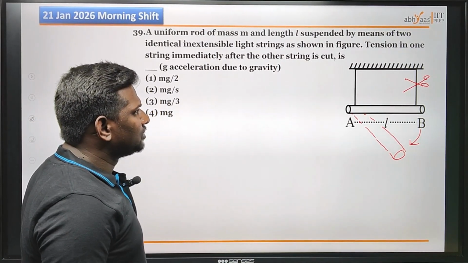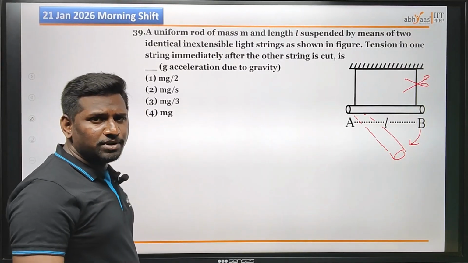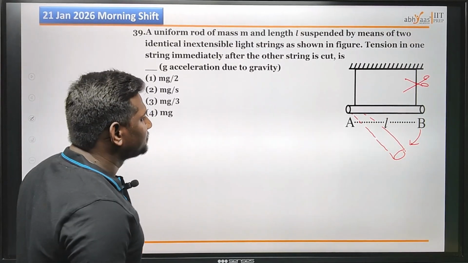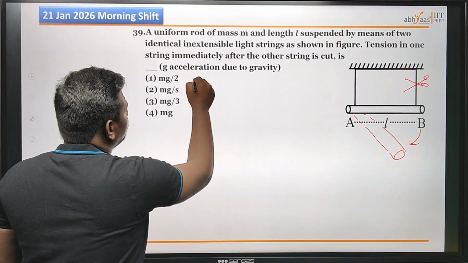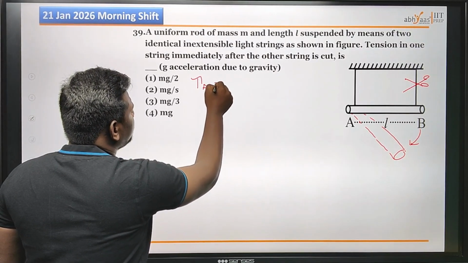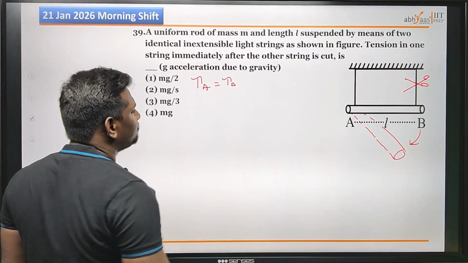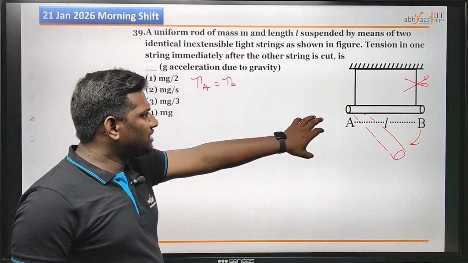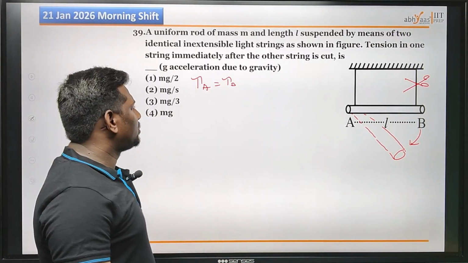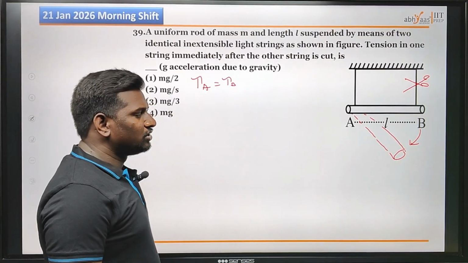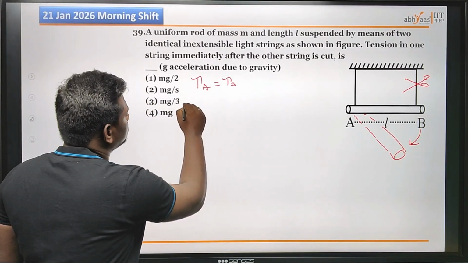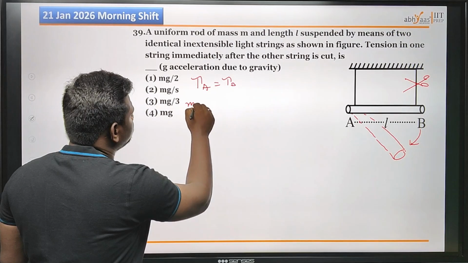Okay. So at equilibrium condition, torque at position A equal to torque at position B. At position A is normal torque, that is F into R. So what is the force here? mg.